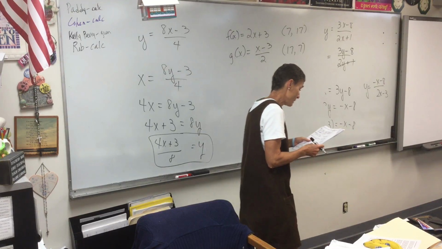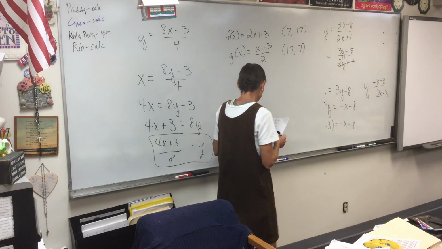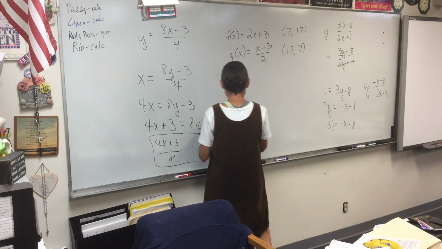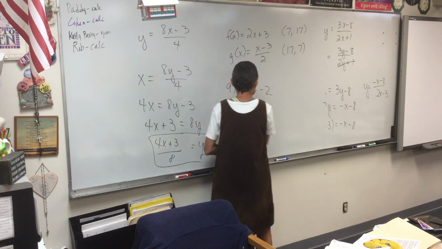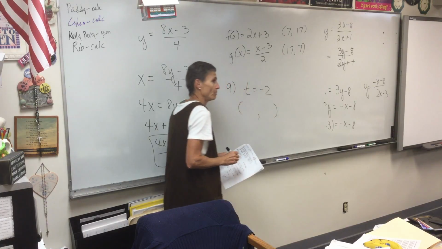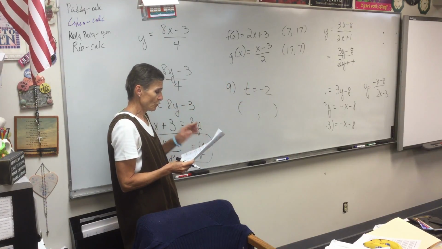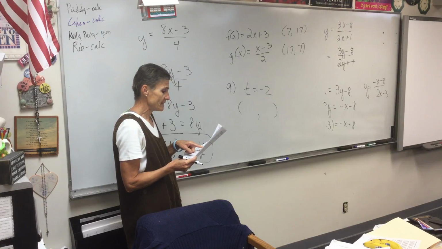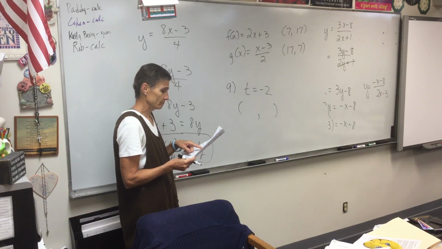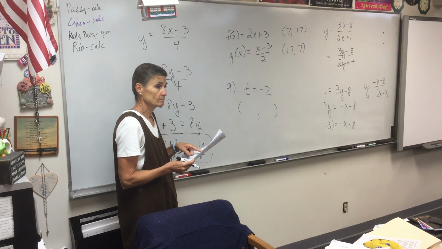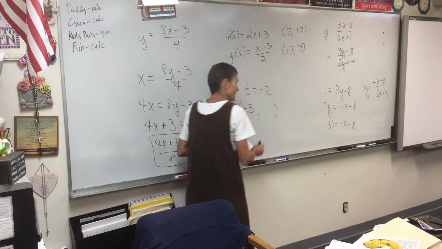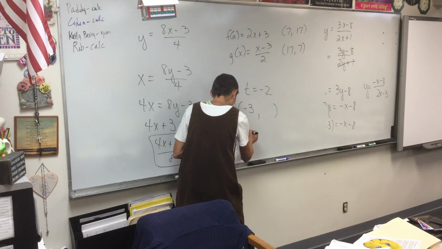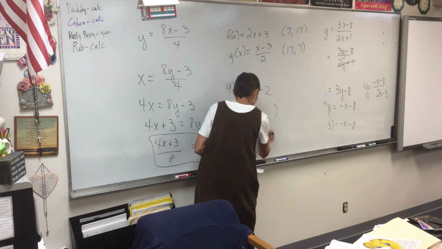All right, number 9 is a cinch. Number 9 is easy. It says let T be -2, so what's your ordered pair? Well, what's your X value if T is -2? -3. Those of you sitting there in confusion, oh my gosh.